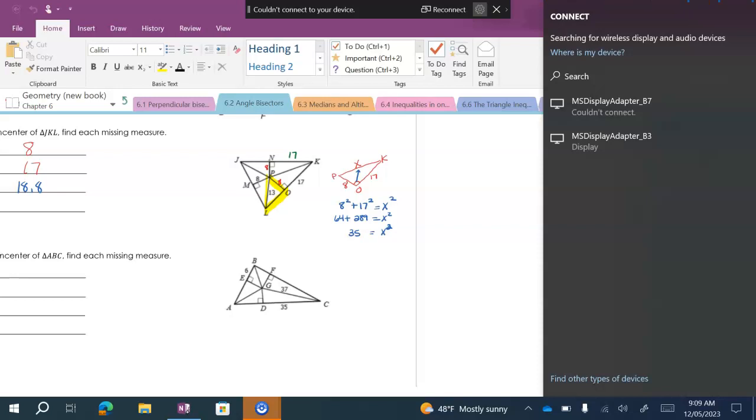Which one of these is my hypotenuse? 13, the one directly across. So we're going to go 13 squared, and that's going to equal the other two squared and added together. So we are going to want to square each one of these.